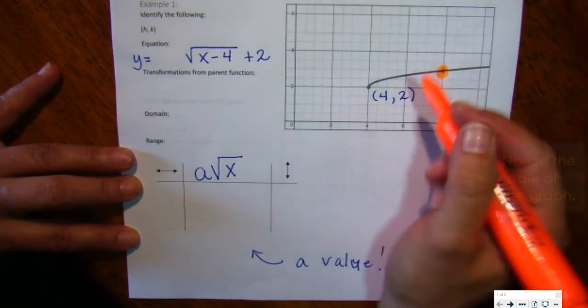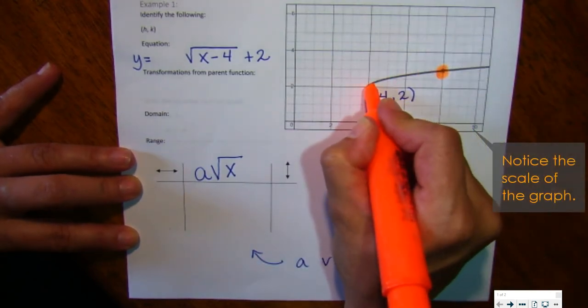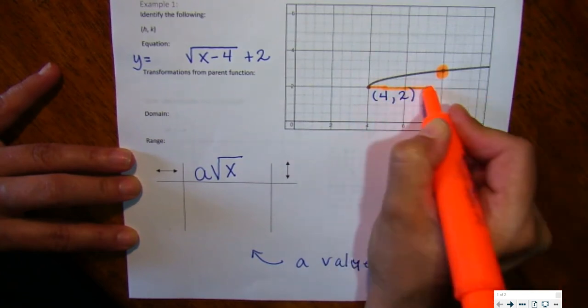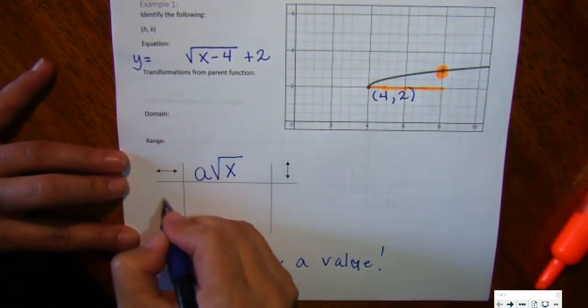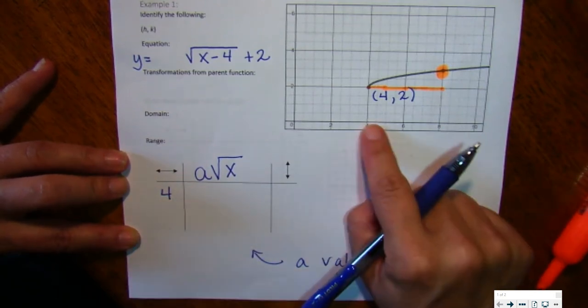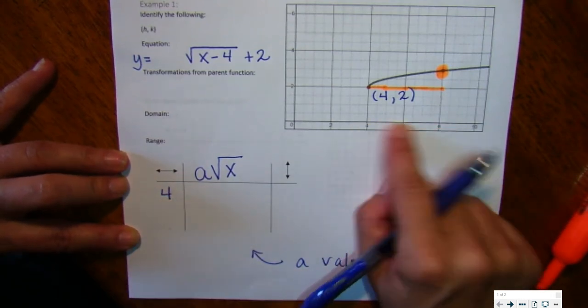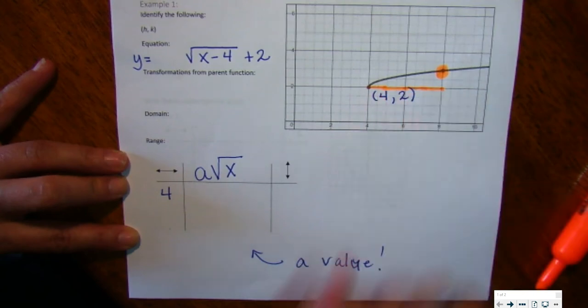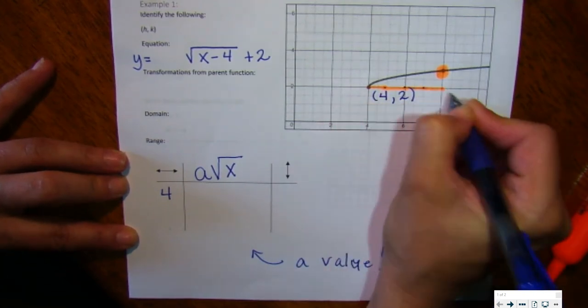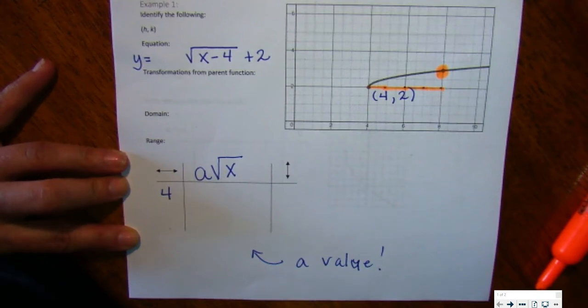So to begin, I know the sideways movement is 1, 2, 3, 4. So I went positive in the 4 directions. And remember, these are in increments of 2, so make sure you're counting your blocks right. So that's 1, 2, 3, 4 movements from the vertex.